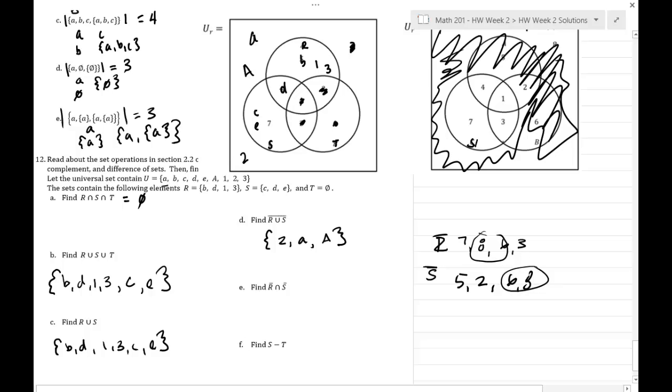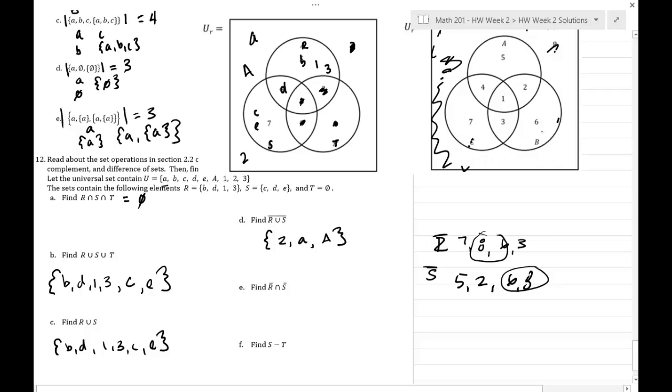Now that should look familiar, because if we shade in 6 and 8 to see what's going on with it, notice how we get the same shading as we got in part D. So this takes sets R and S, and then takes everything outside of it.